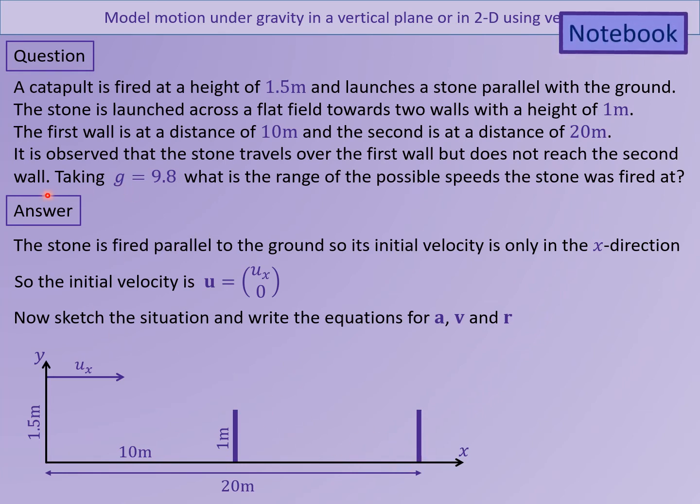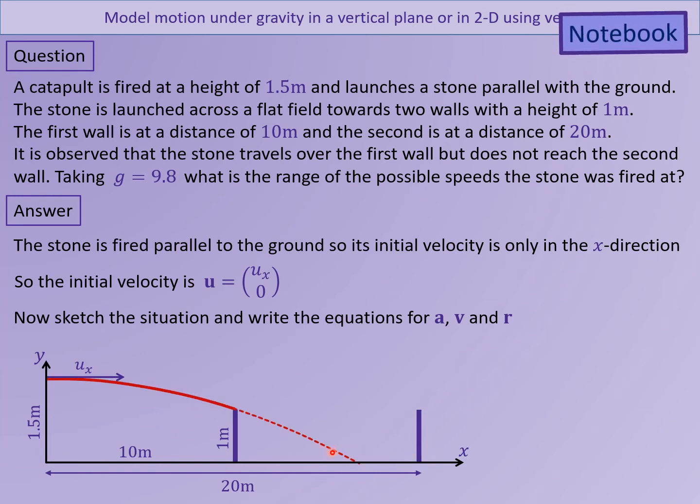So what I want to do is find the possible speeds. I'm looking for UX. I need to make sure I'm aware of the minimum speed, which would be the one that just clips the top of the first wall, and the maximum speed, where it clears the first wall but lands right at the bottom of the second wall. Those are the two extremes of these catapults.